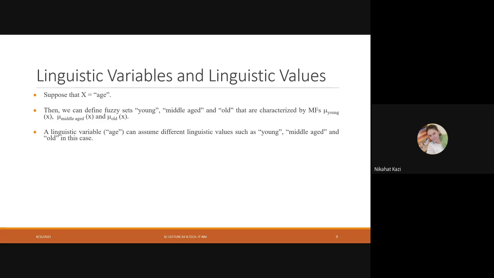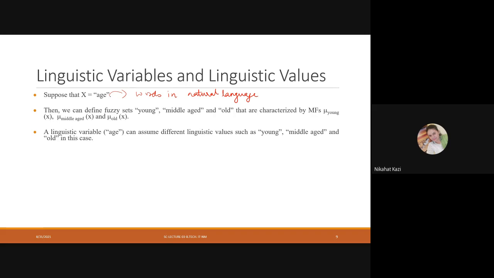So basically, a linguistic variable, as the name suggests, is a variable which is represented by words in natural language. A linguistic variable is a variable which comes from words in natural language, and these linguistic variables will have linguistic values.